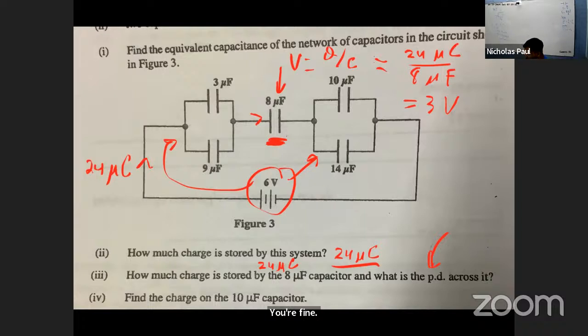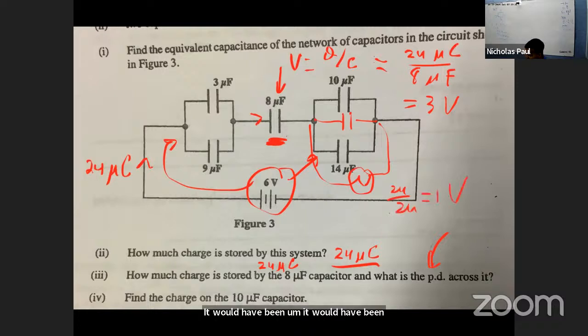Alright, so last one. If you had voltage, you would recognize here the voltage across it would have been 24 and 24, which is 1. So the voltage across this is 1 volt.